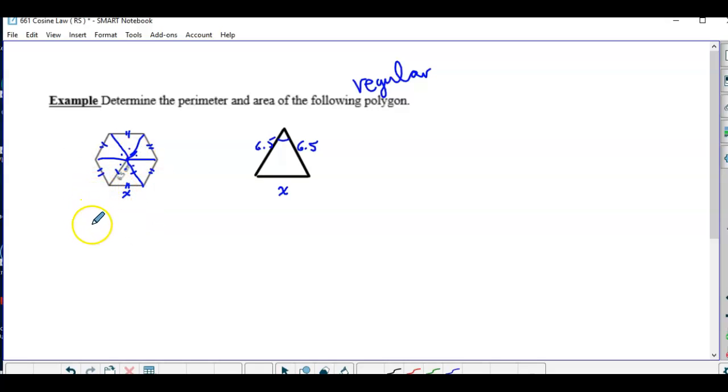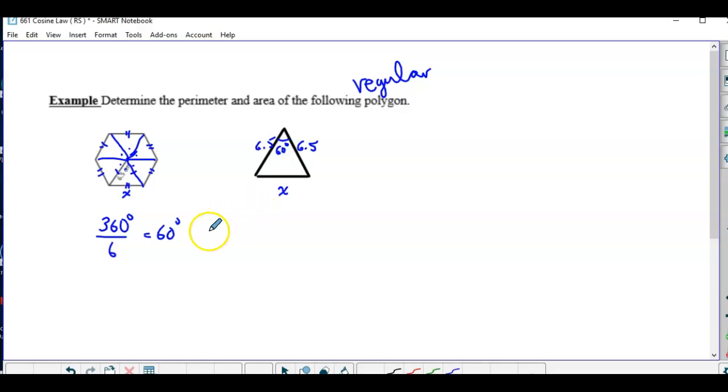A complete rotation is 360 degrees, so if we divide by 6, we get 60 degrees. So this is actually 60 degrees.